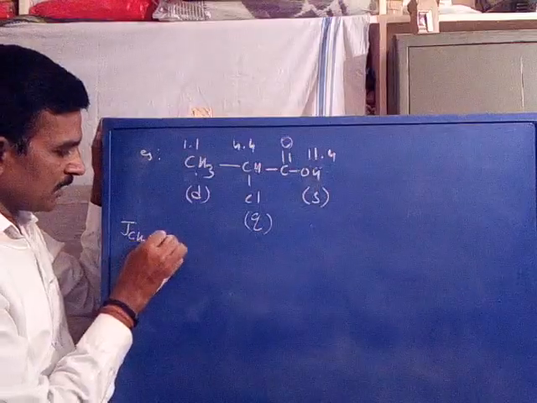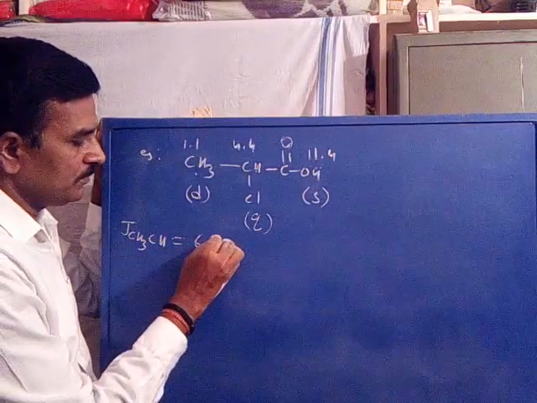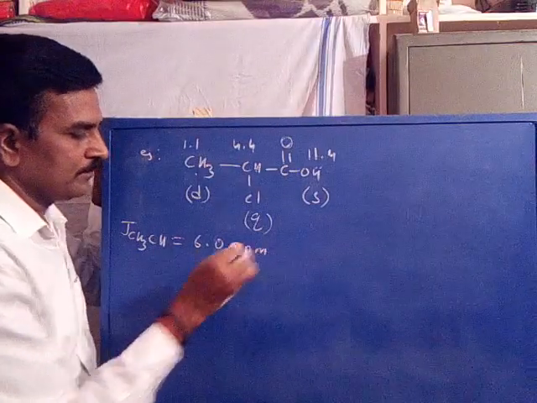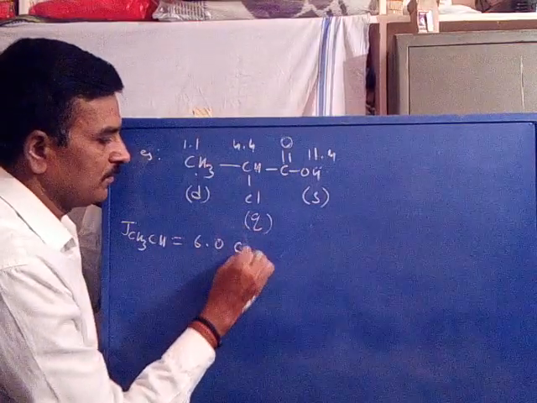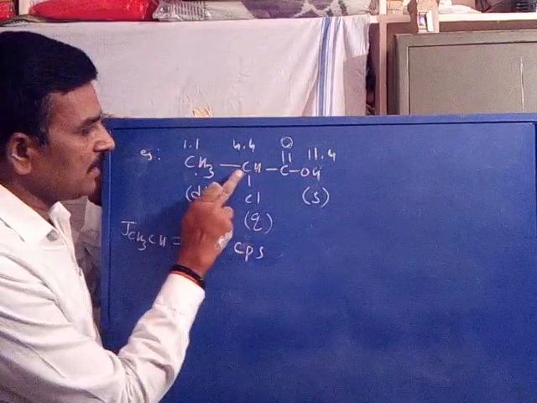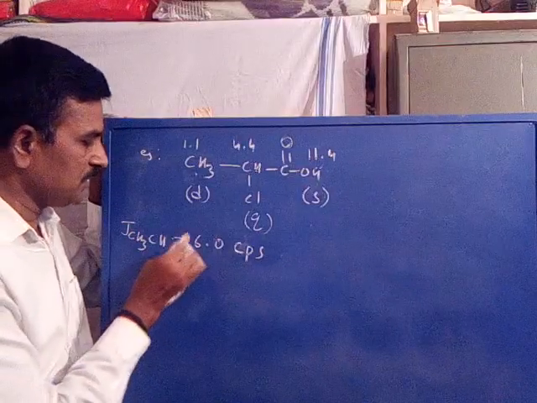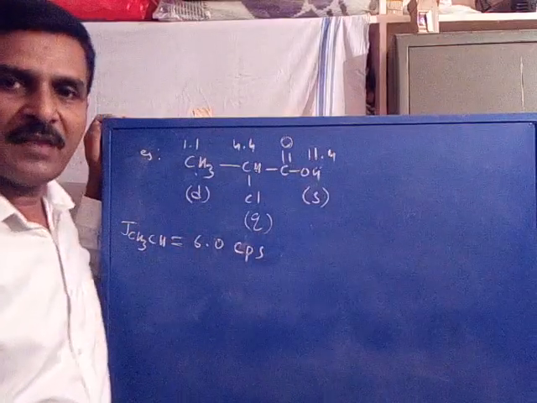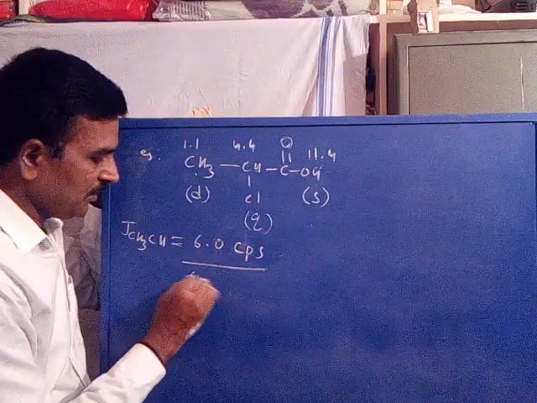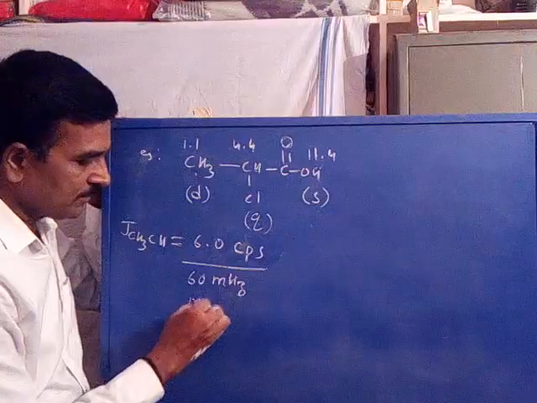Now coming to the J value. J for CH3 coupling with CH is equal to 6.0 cycles per second, sorry, CPS, under a 60 megahertz instrument.